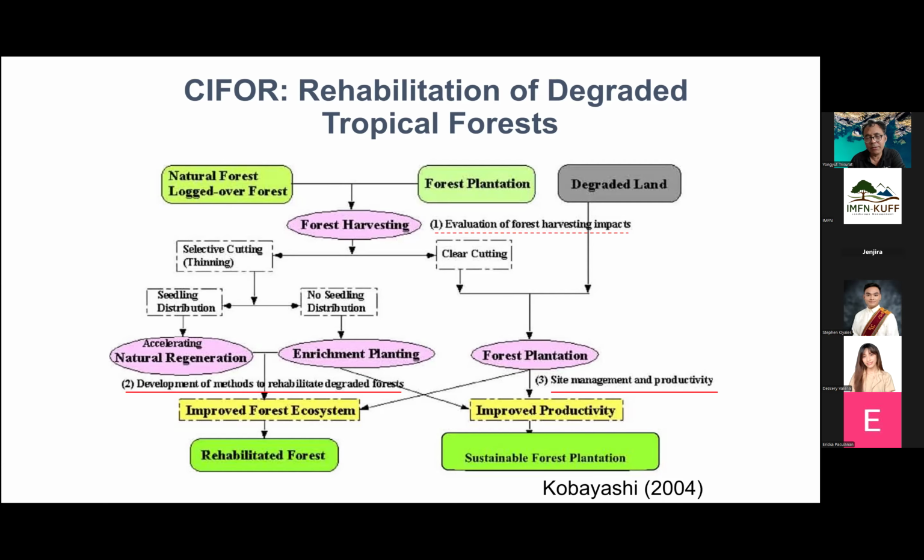After we plant for 4 or 5 years, when the crowns come close together, we have to do some silviculture practice, thinning or pruning, in order to improve productivity and growth performance. And there are several recommendations or guidelines to promote forest plantation in order to incorporate biodiversity practice.